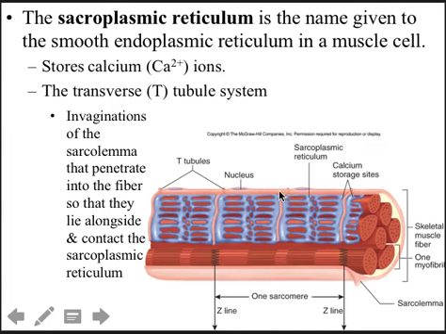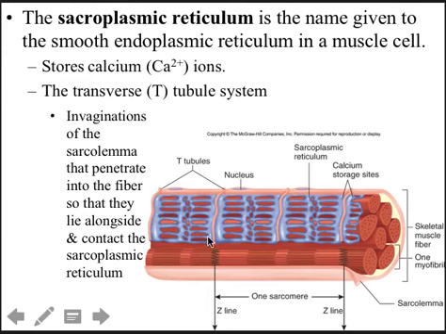This provides a way for the electrical signal that radiates across the muscle cell membrane to get into the core of the muscle cell where it triggers the calcium release. So you could think of the T-tubules as a type of wiring that allows the electrical signal that releases the calcium to reach every square micrometer of the muscle cell.